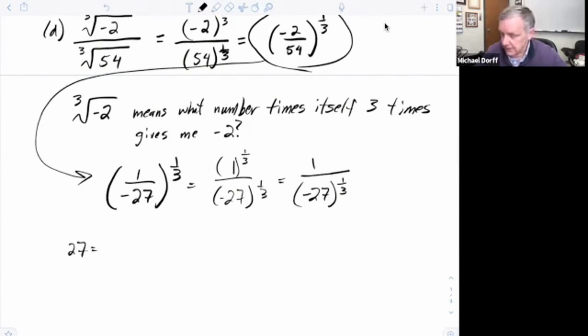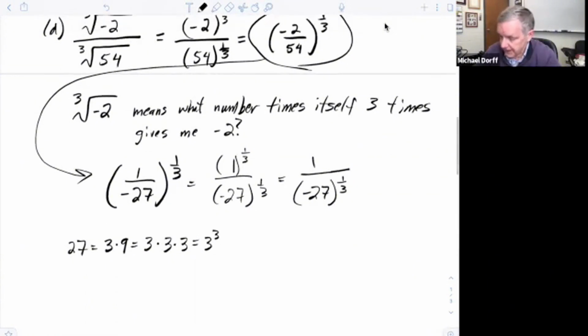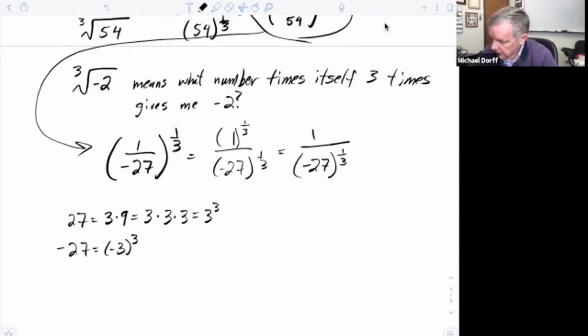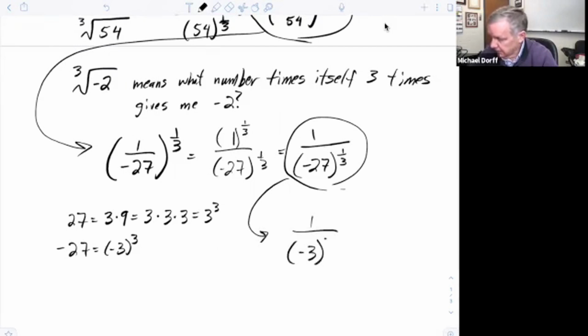What is 27? Well, it's 3 times 9, and 9 breaks down into 3 times 3, so it's 3 times 3 times 3, or 3 cubed. So negative 27 is going to be negative 3 cubed, right? And we can check that. Negative 3 times negative 3 times negative 3 is going to give us negative 27. So here I've got 1 over (negative 3 cubed) all to the 1/3 power.